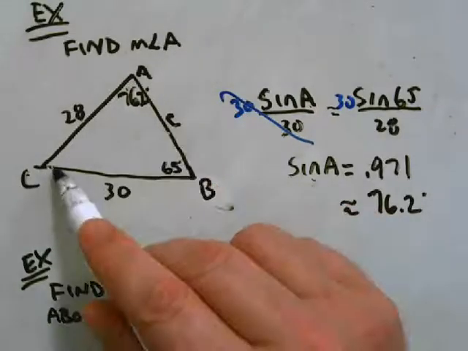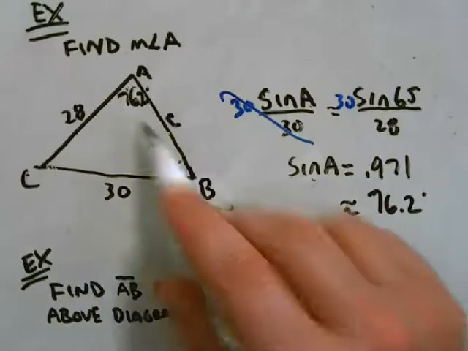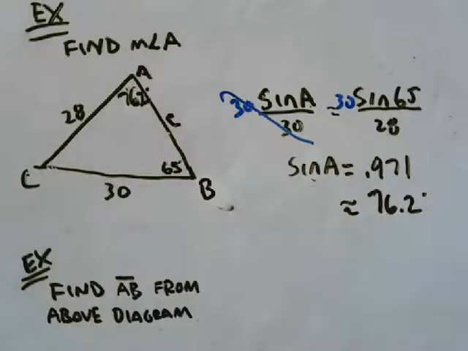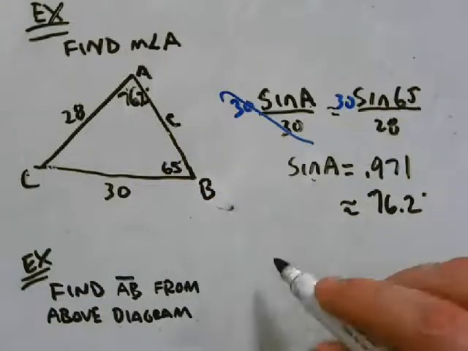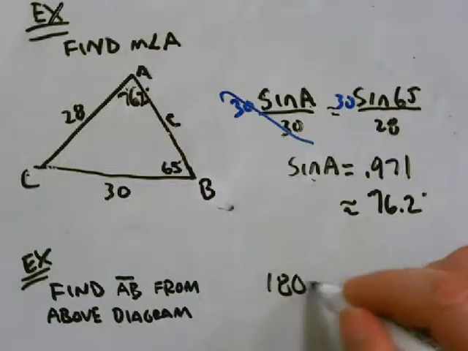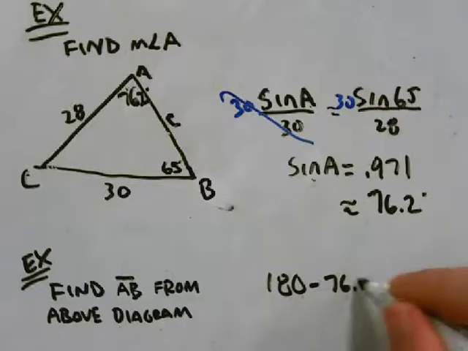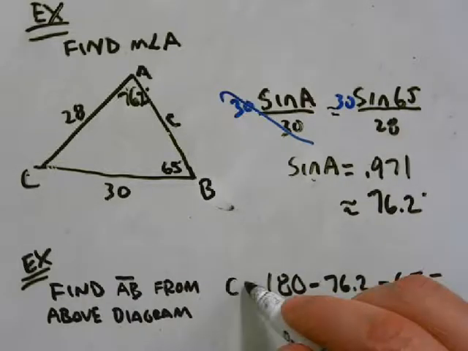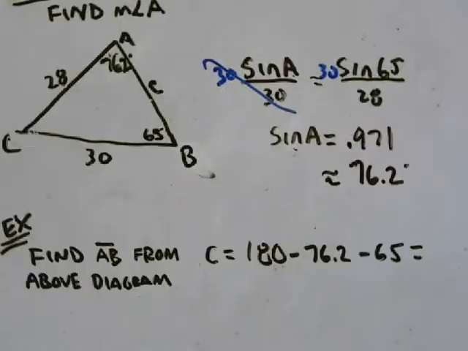And all three angles must add up to 180, if you remember that. So if you take 180, subtract the 76.2 and subtract the 65, you should get angle C. If you remember the angle sum formula for triangles, that's basically all three added up to 180.